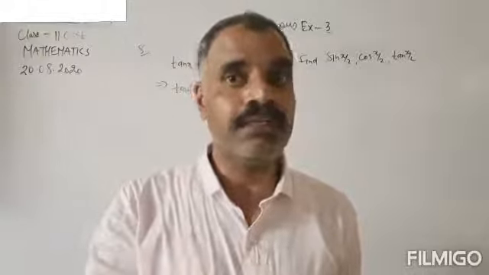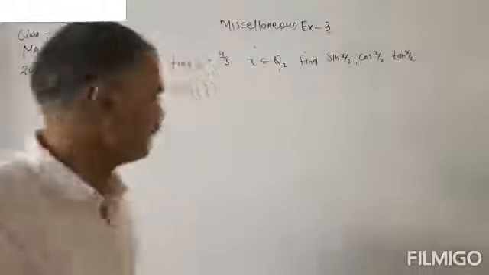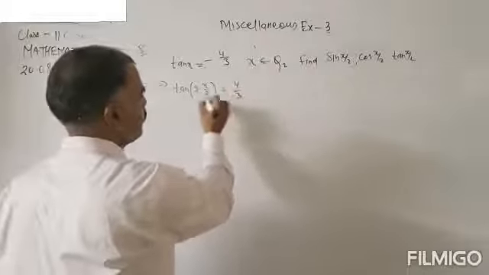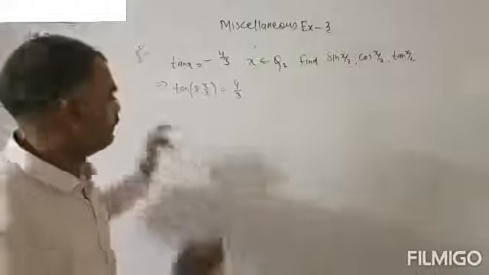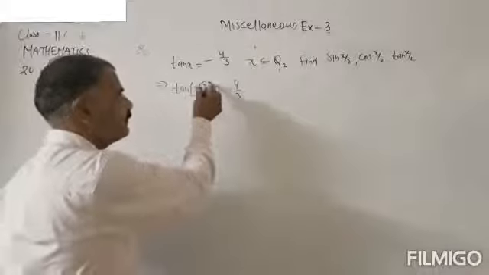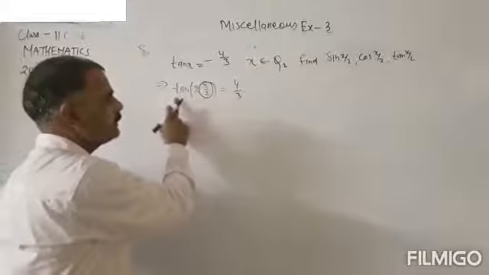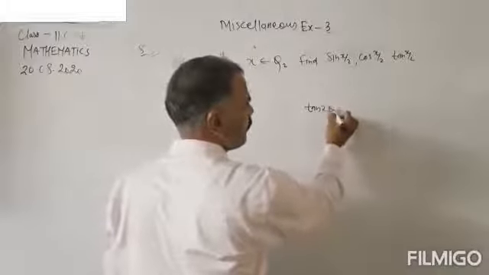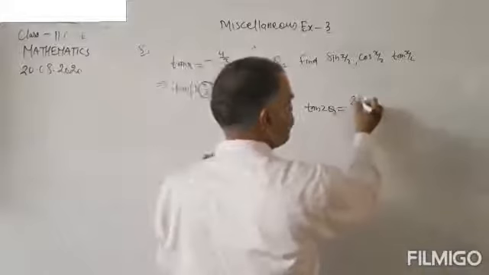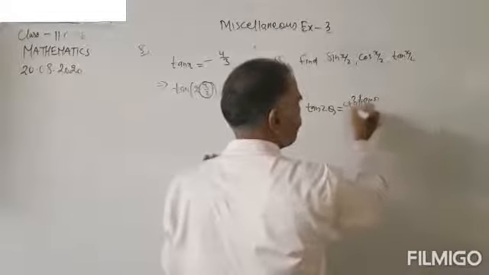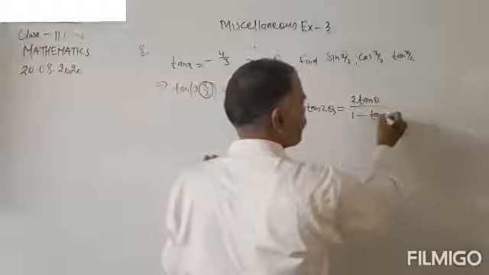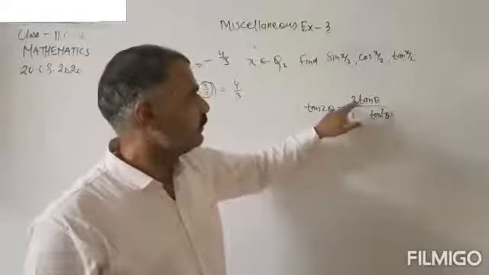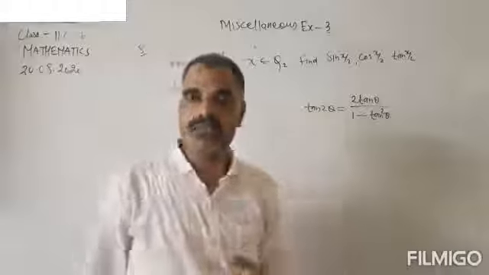That is why tan of 2 into x by 2 is equal to minus 4 by 3. Now, if this is theta, then this is tan 2 theta, and tan 2 theta is equal to 2 tan theta upon 1 minus tan square theta.